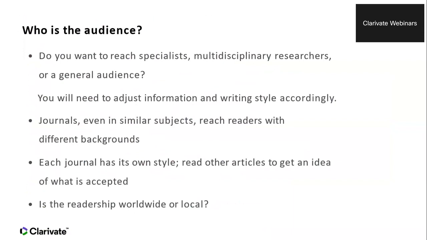Is the readership worldwide or local? Again, very important when you think about the topic. Let's say you're a clinician working in India, reporting on a disease that is endemic to tropical areas, to India, to South Asia. Maybe it makes more sense to publish in a more local journal.